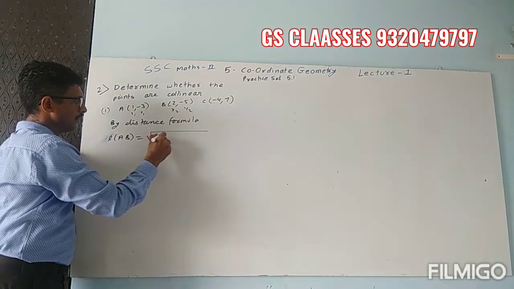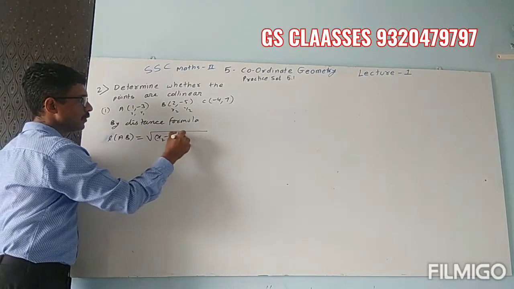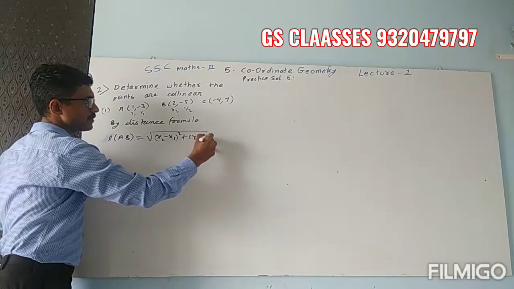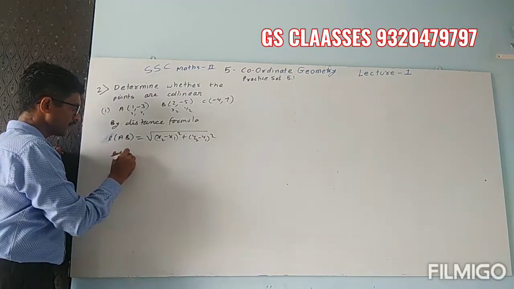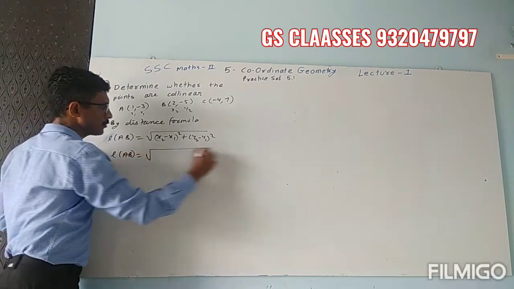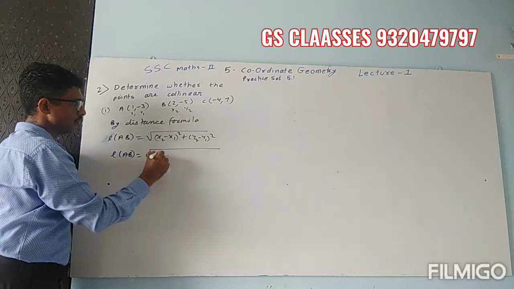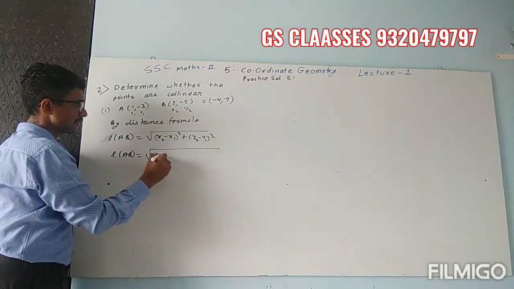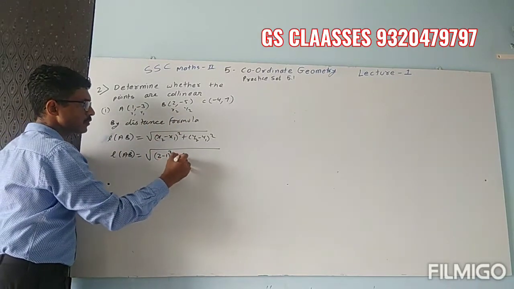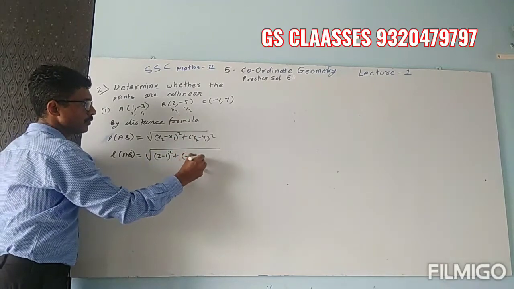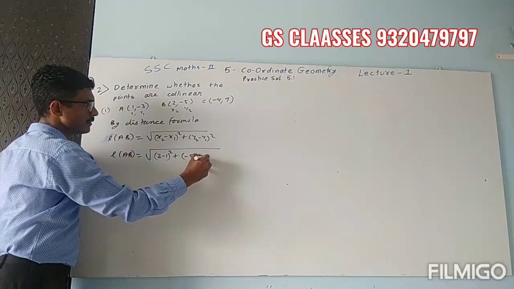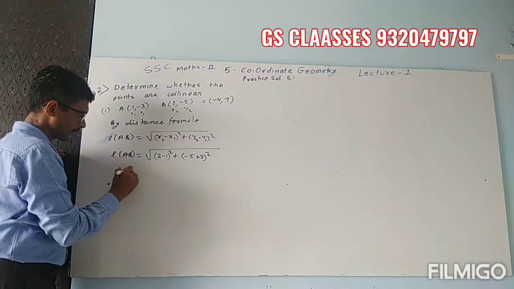Write x2 minus x1 the whole square, y2 minus y1 the whole square.